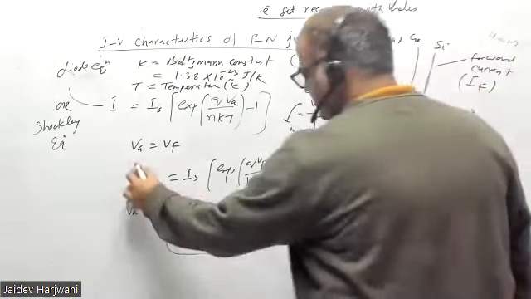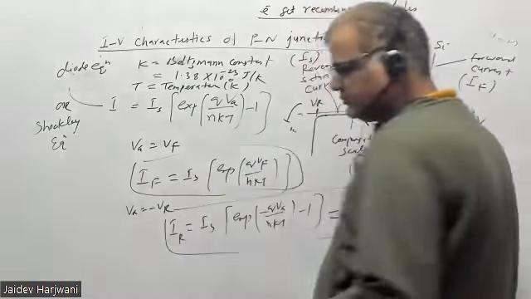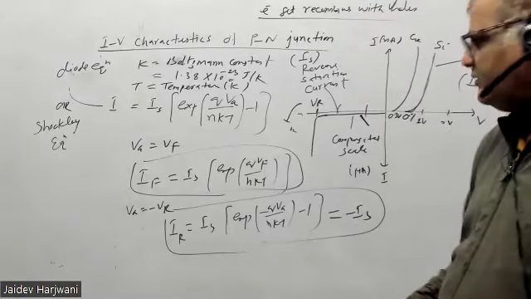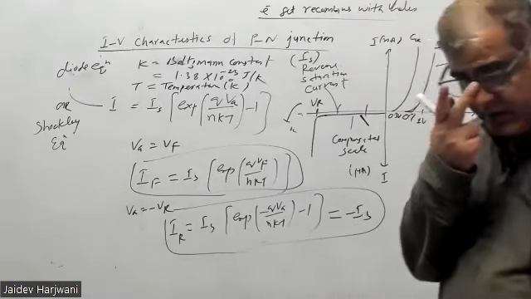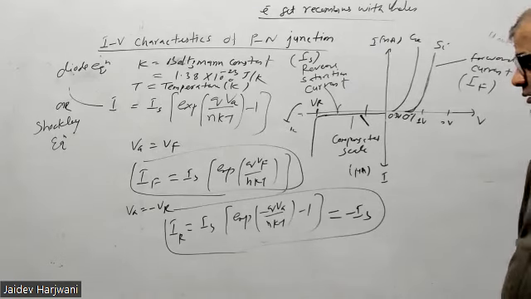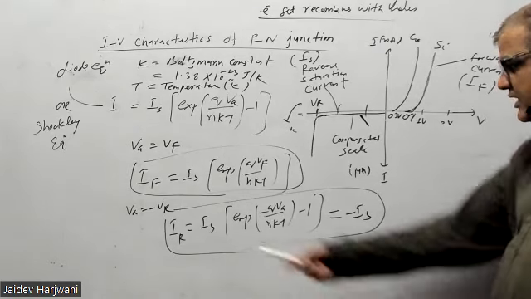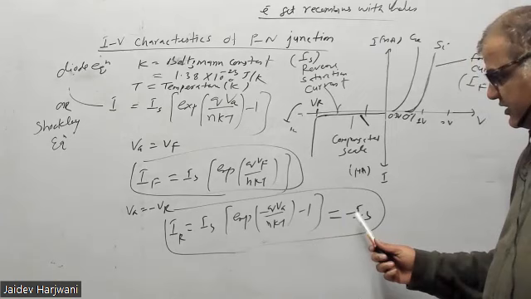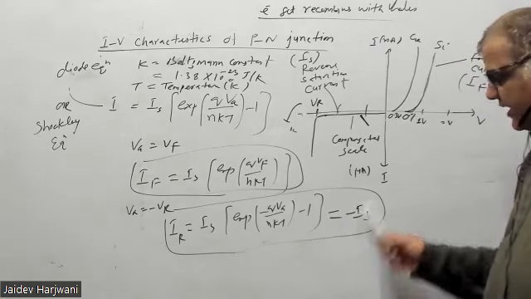And this is the forward current. Sir, IR is the reverse current only, no? Yes, IR is the reverse saturation current, IR is equal to minus IS.